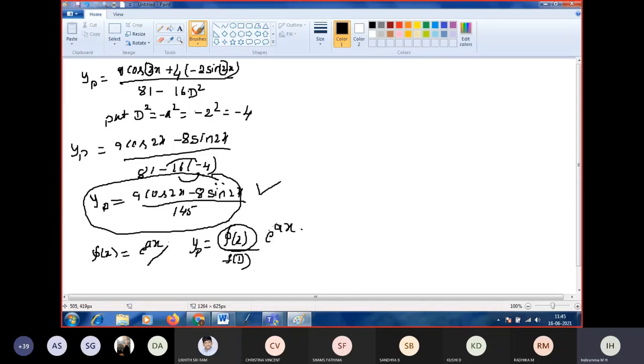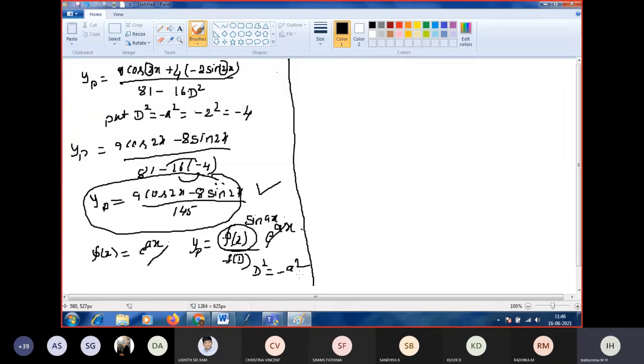That is type 1. If phi of x contains either sin ax or cos ax, replace D square by minus a square. That is the way we can differentiate it. It depends on the numerator, the RHS in the differential equation.